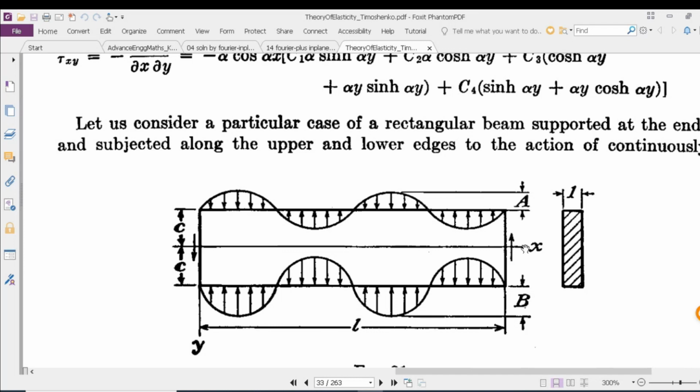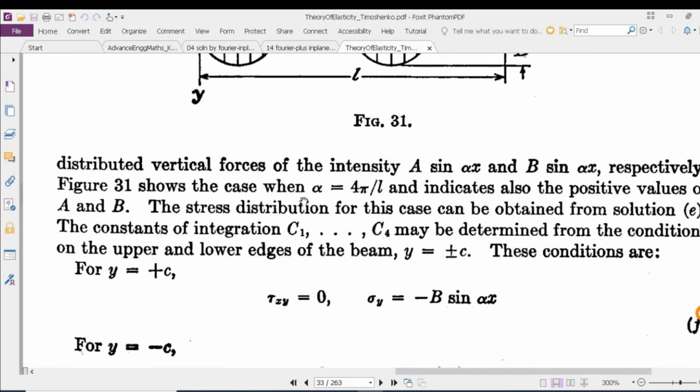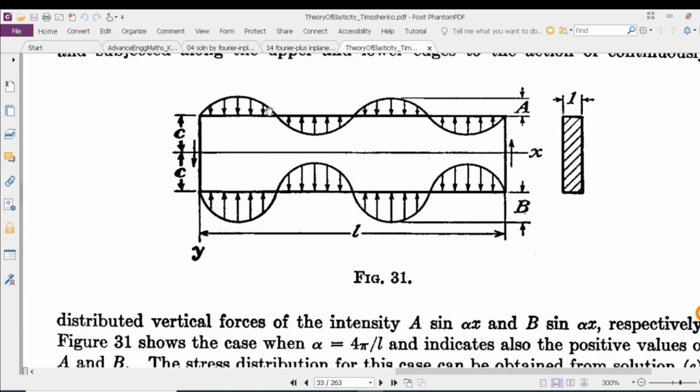We have a coordinate system xy shown in this figure. The origin is starting from the left side of the wall. The distributed load can be written as A sine alpha x at the top and B sine alpha x at the bottom, where alpha is equal to 4 pi by L.